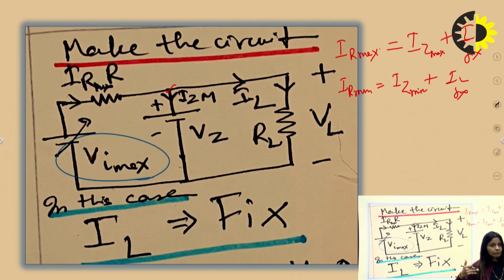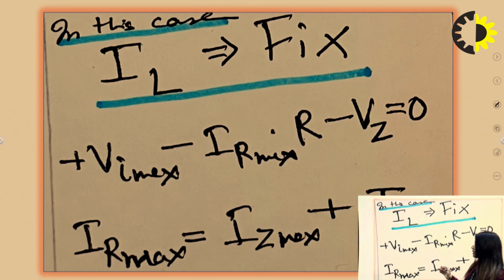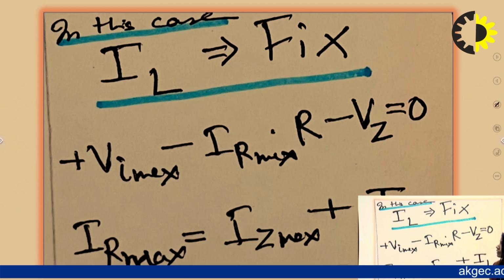Battery is varying. Battery may be at its minimum value. Battery may be at its maximum value. Battery can be at any of its values, but we have to consider only Vi minimum and Vi maximum, right? Then the rest part is easy. Now after applying this particular concept, you can write down Kirchhoff current law and for the input voltages you can apply KVL.